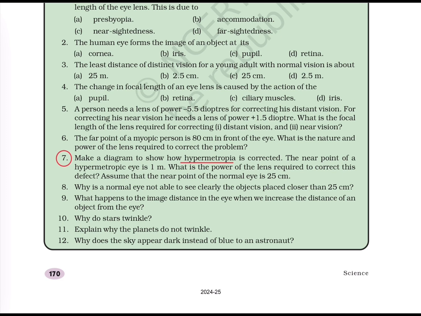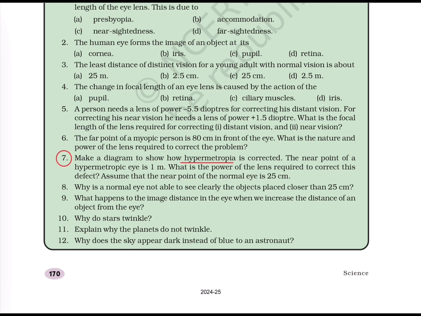In response, you will have to draw the diagram of the third section that we just discussed. In that diagram, you will also have to show the convex lens that is used for correction of hypermetropic vision.